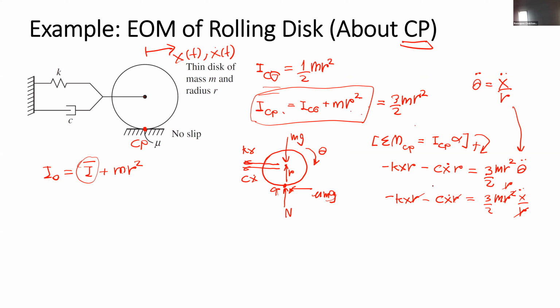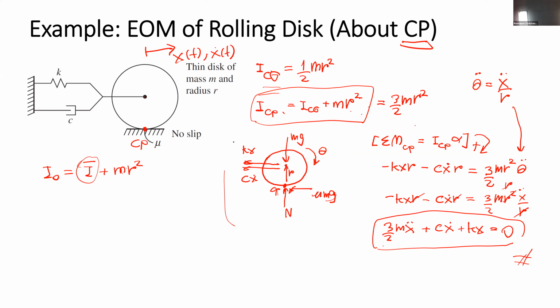So finally, we can write 3/2 m x double dot plus cx dot plus kx equal to 0, the same as the previous derivation, but here we use only one equation to obtain one equilibrium equation, but we still need the geometric constraint.